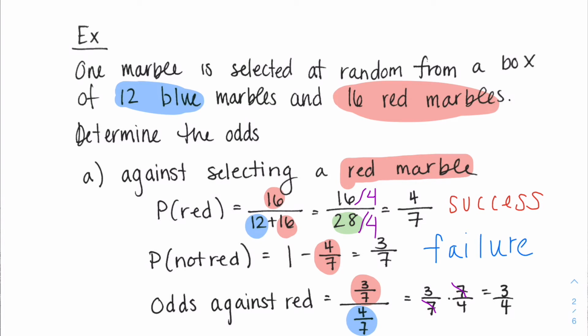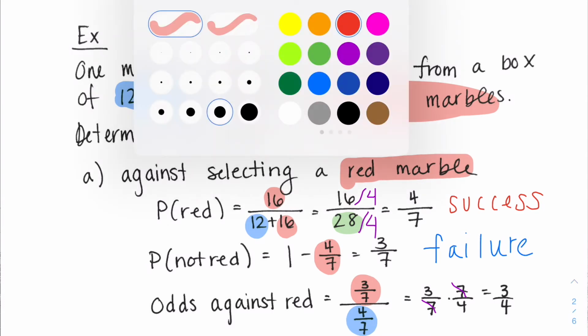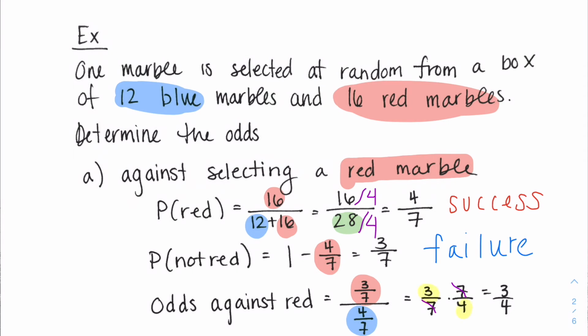So the odds against selecting a red are 3 to 4. Okay? And same thing you want to recognize here is this 3 and the 4 add up to that 7. If you didn't reduce it, then you'd still see those things would add up to 28, because your probability of not a red would be 12 out of 28.